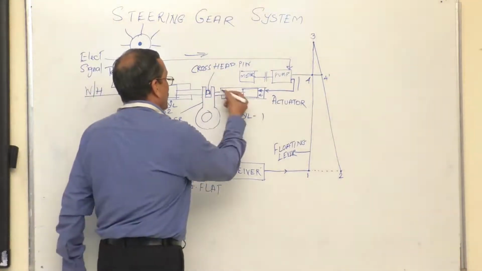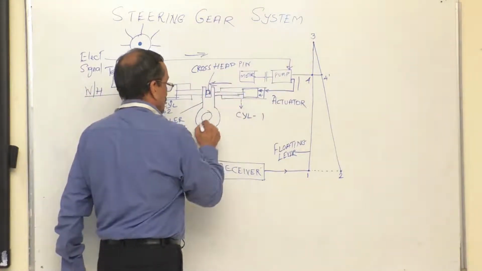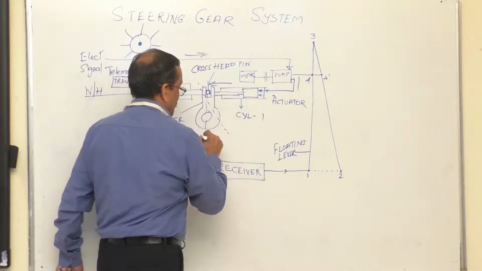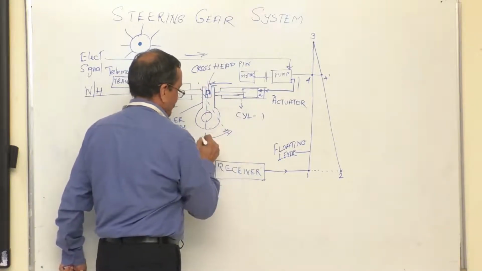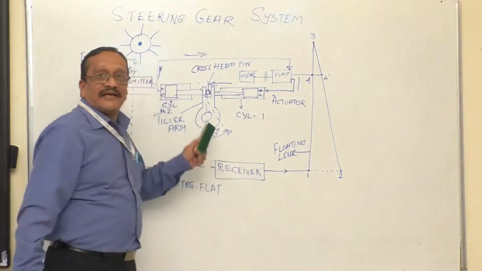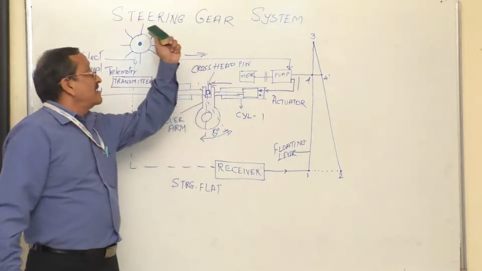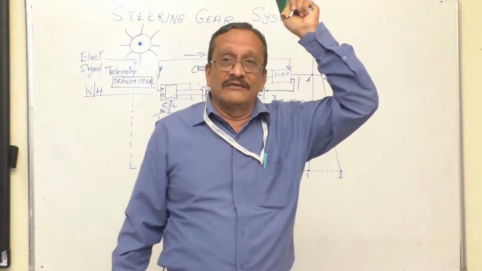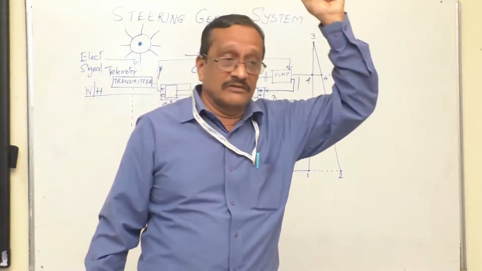So in this case, what happens is when there is a motion taking place over here, I have the motion taking place in this direction also. Now this angle theta, as I say, is depending upon the angle that you have given in the steering wheel, which is there in the wheelhouse.